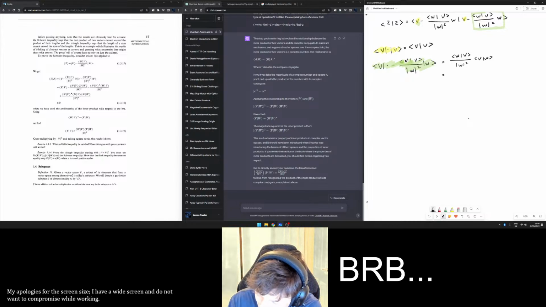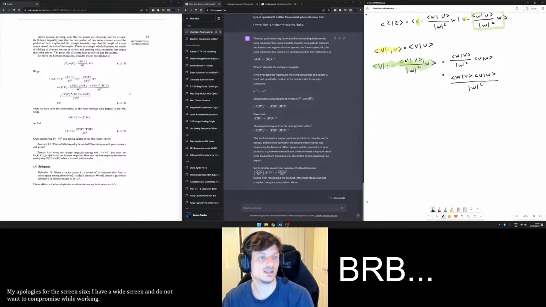So then you get the magnitude of wv, but squared. But actually, we just get wv vw over w squared. Now we're starting to get somewhere, right? So that's that left part.